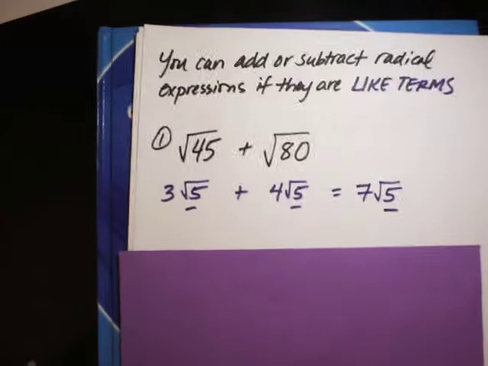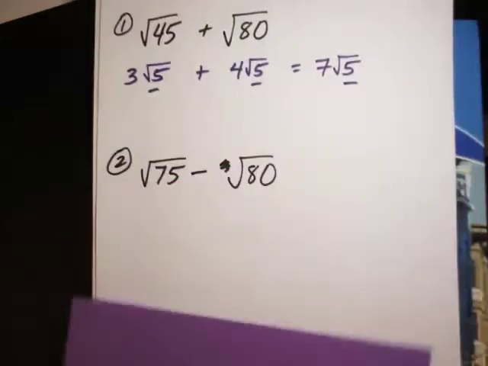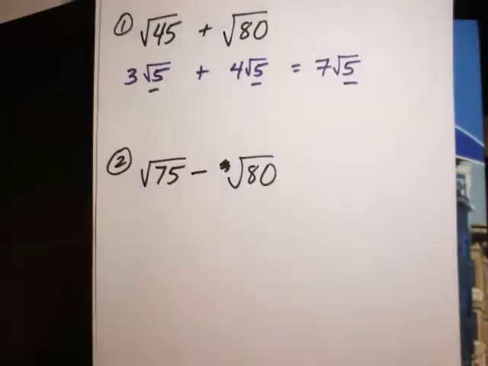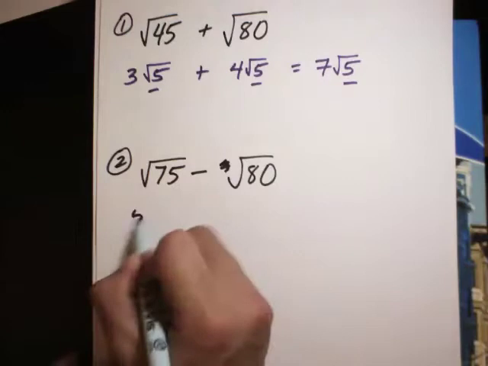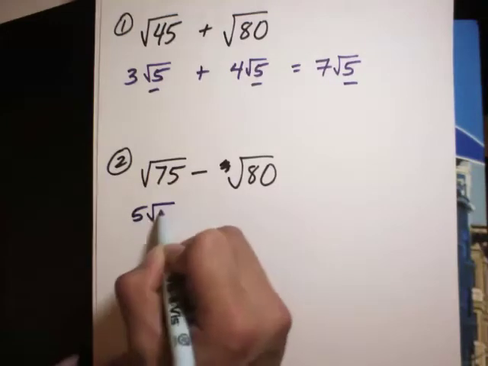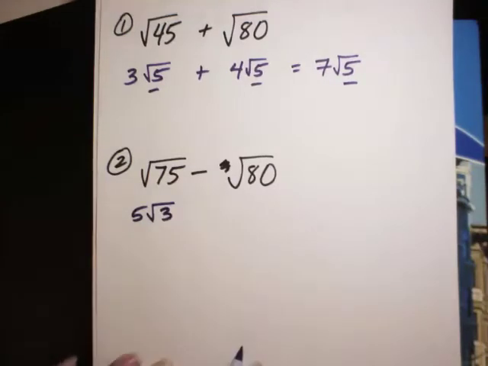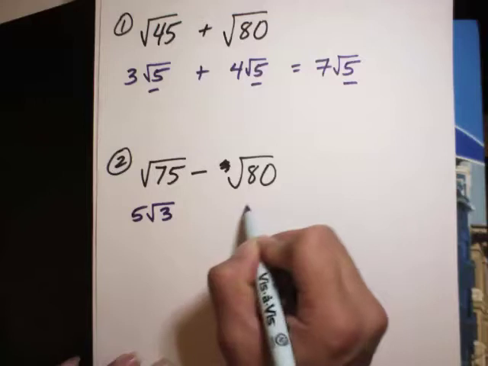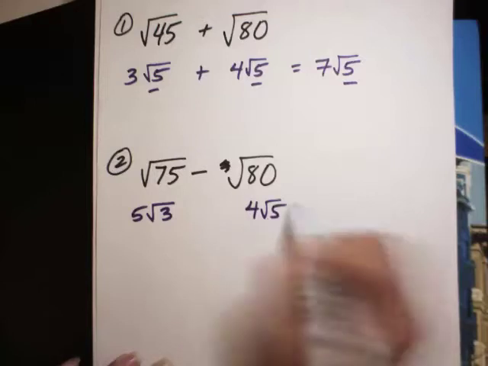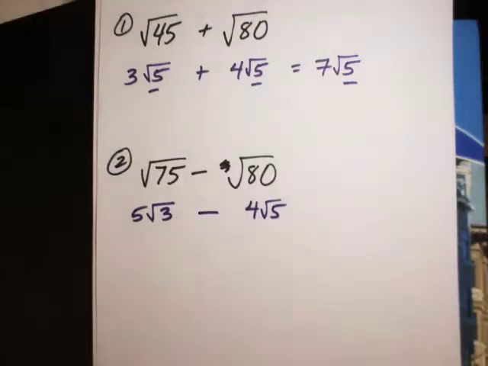Okay, so let's try example number 2. We said earlier that radical 75 is equivalent to 5 times radical 3, and we said that radical 80 is equivalent to 4 radical 5. Can we subtract these?